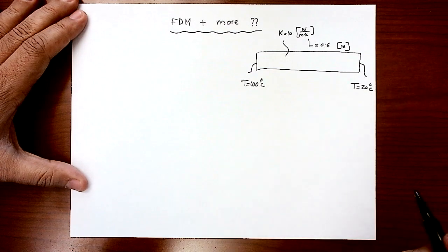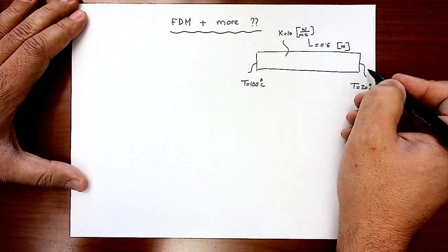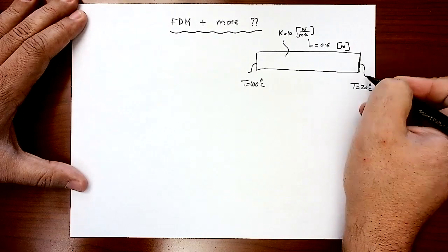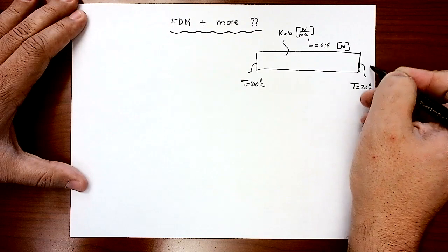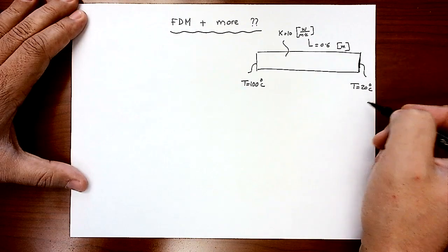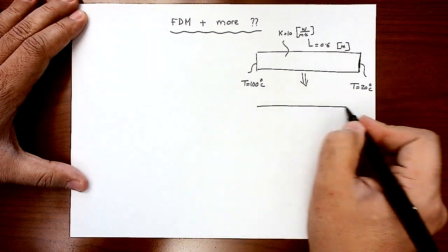What I'm going to do is eliminate that face temperature boundary condition. I will just say that that face is no longer at 20 degrees. It's exposed to a fluid flow, a convection, at a T infinity of 20 and a given heat transfer coefficient. So this is the original design, and this is my modified design.